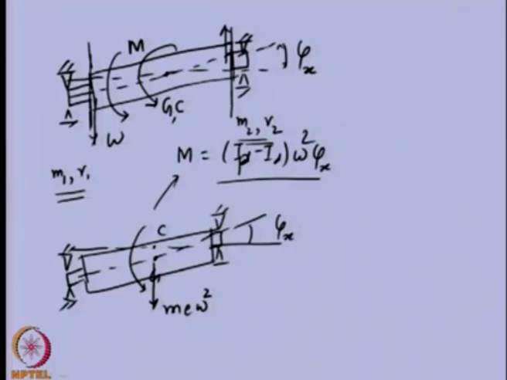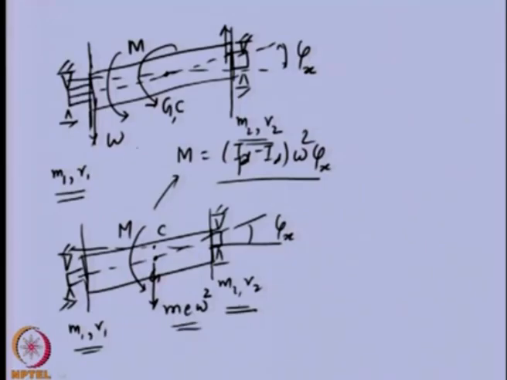In this case, we have both moment and force, and when we try to balance this rotor at these two locations, we will have two different masses at different radial positions. So, they can be used to balance both force and moment.